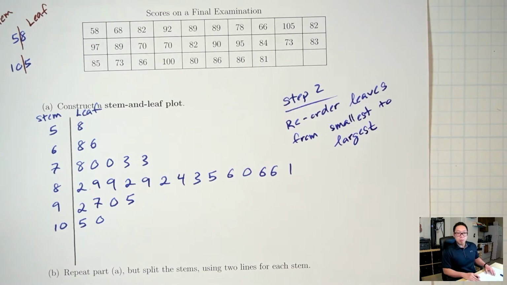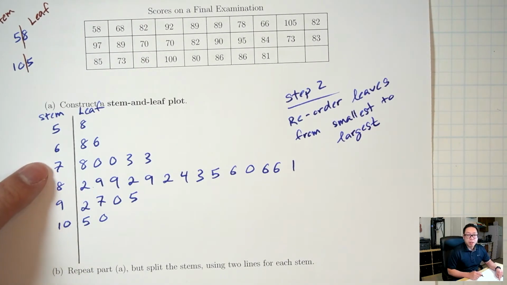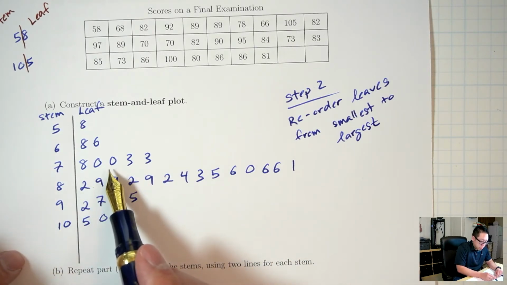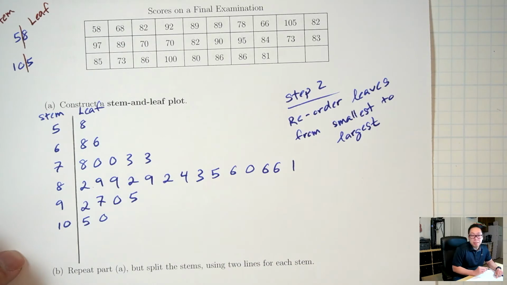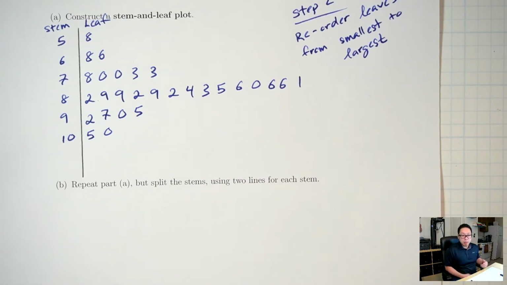Since I don't have room here, I'm not going to do that part. But technically, for example, for this 7, you should reorder this to be 0, 0, 3, 3, and then the 8. Okay, part B. Part B says repeat part A, but split the stems using 2 lines for each stem.